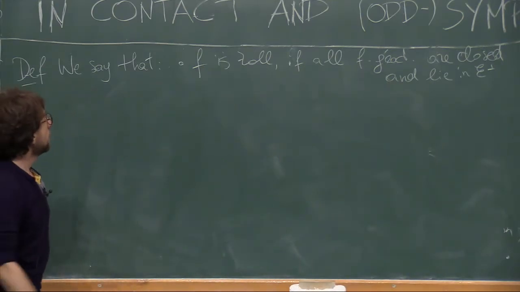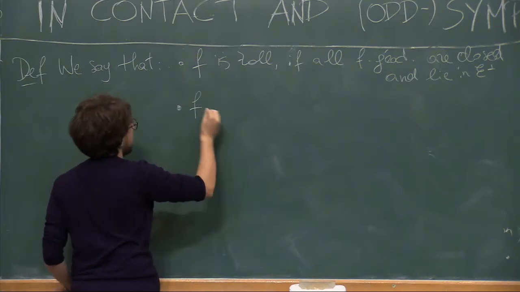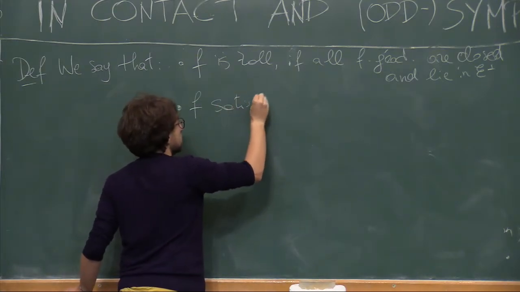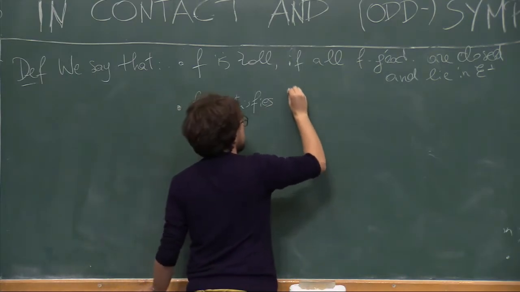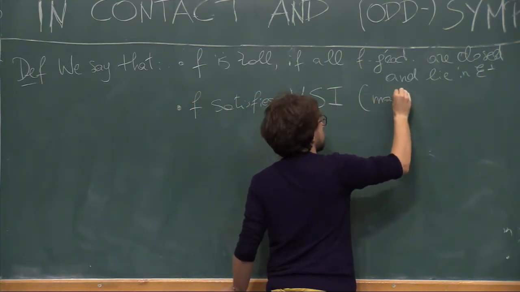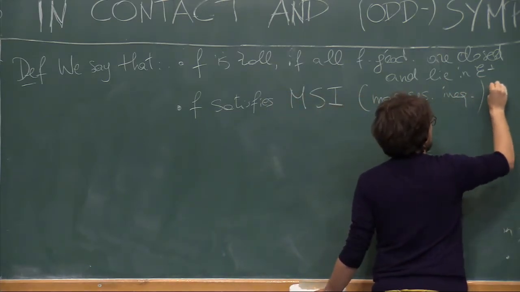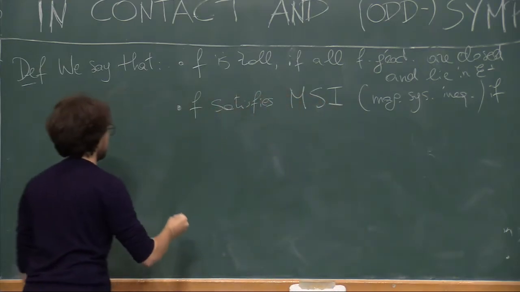Okay. And then the second definition is that we say that f satisfies the magnetic systolic inequality if the following two things are true.